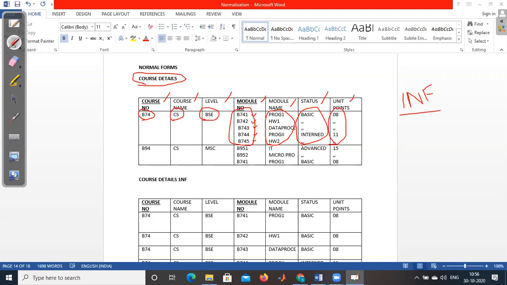In the course B94 MSc, module numbers are kept in a single cell. If you put these in separate tuples, then it is automatically converted into first normal form. Okay, students.